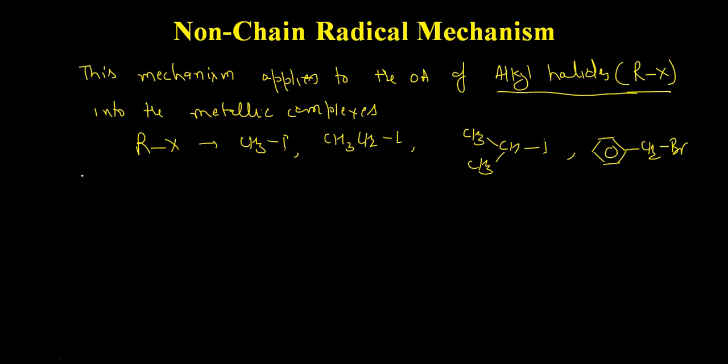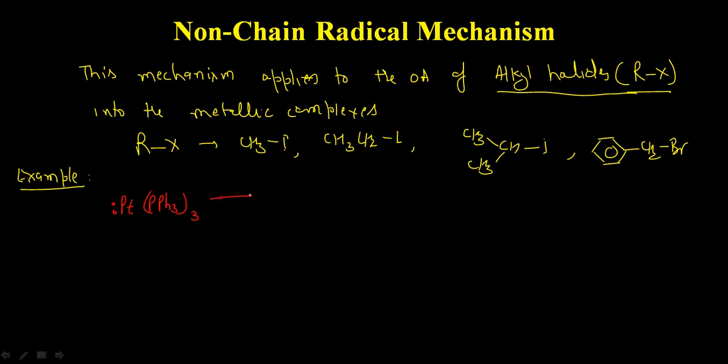In order to understand this mechanism, now I will cite one example. Consider a triphenylphosphine platinum complex. We have a lone pair of electrons, so this will act as an electron donor to the alkyl halides.